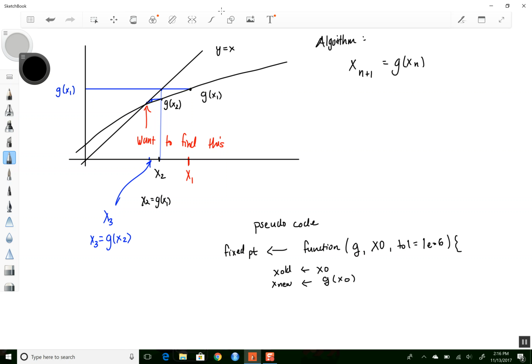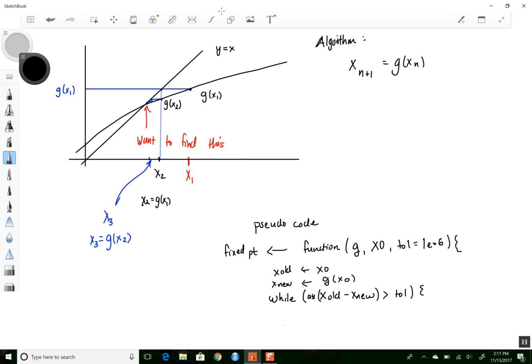Basically we'll run a while loop, and the while condition will be as long as the absolute value of x old minus x new is greater than the tolerance, we'll keep going.